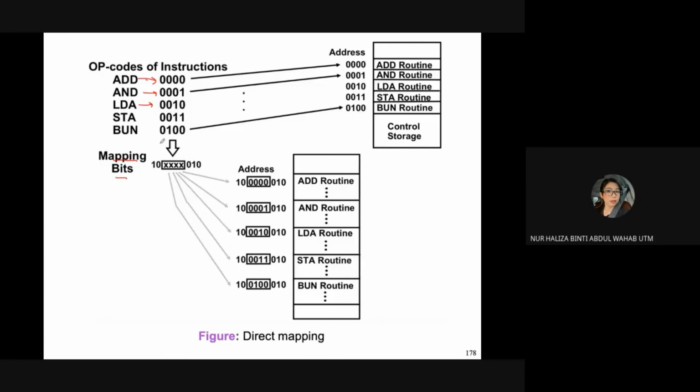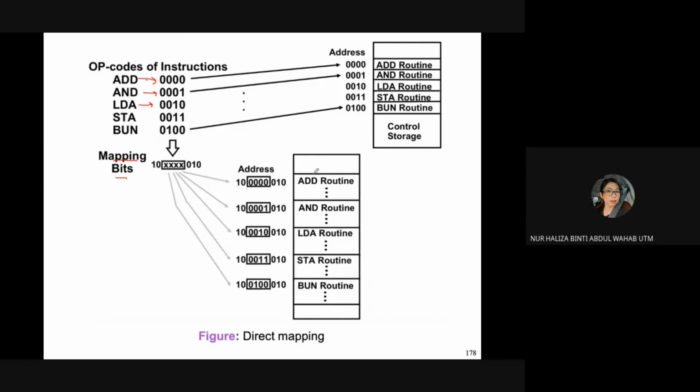I guess I need to find the table so that we can understand the numbering better. Basically, in the question, it will give you the opcode instruction, so you do not need to memorize the tables.